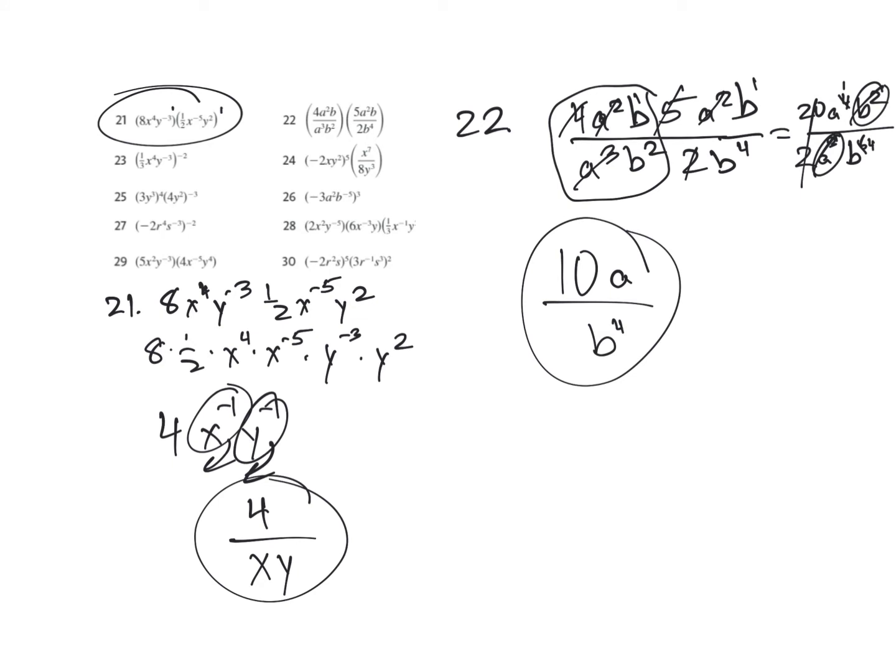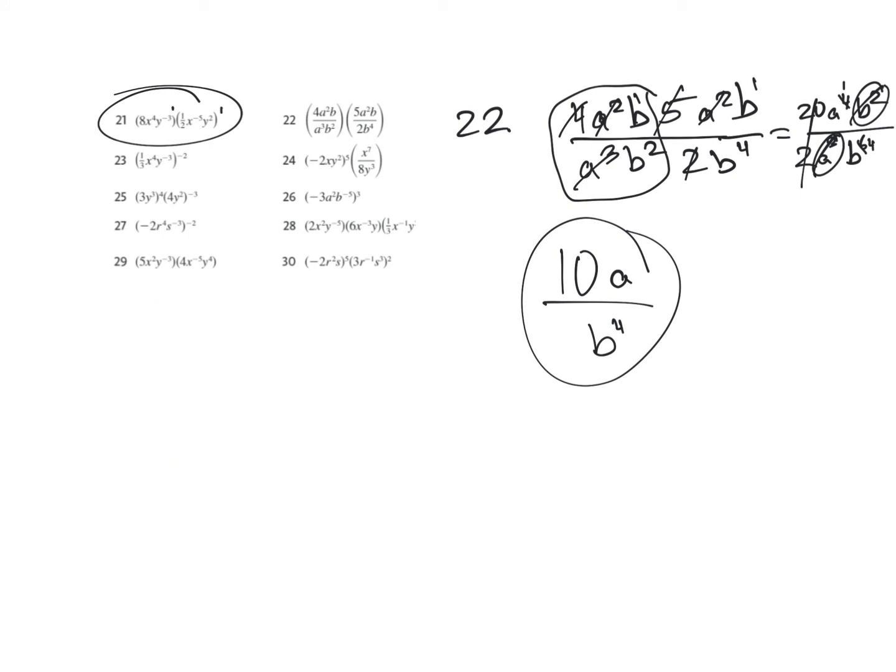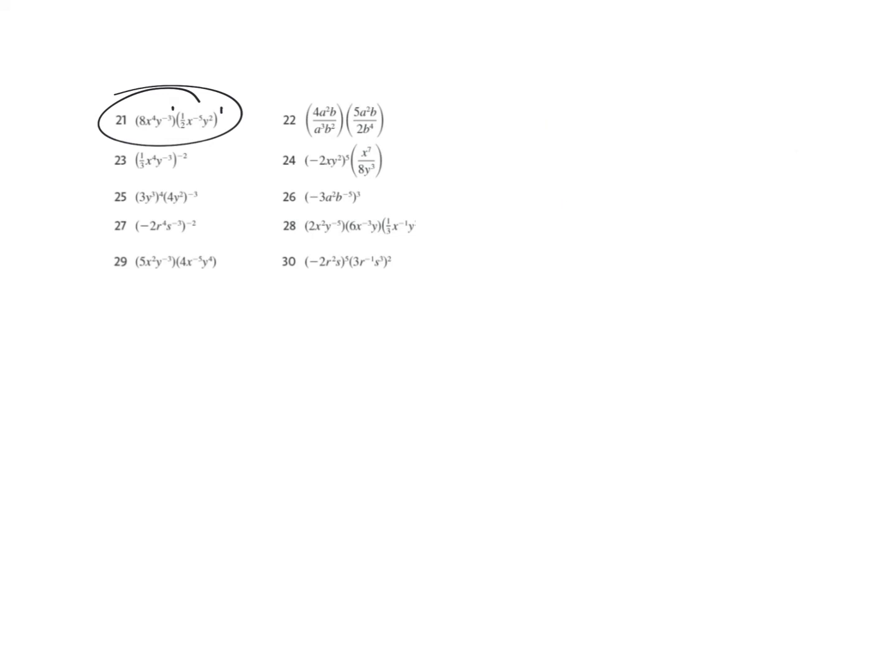All right. And let's do number 23. You have this negative 2 on the outside, so you need to distribute that through. So let's just write it out this time. You need to take this negative 2 and multiply every exponent by it.